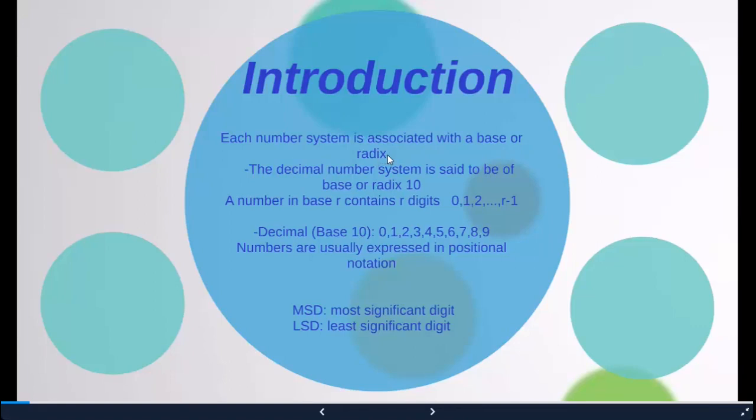This is how we know what kind of number system a number belongs to. For example, if the number is 10 and the radix or base is 10, it is decimal, but if the radix is 2, that means it is actually a binary number. To know more of it, we're going to proceed with the next slides.